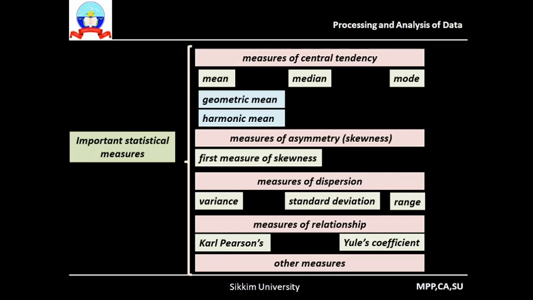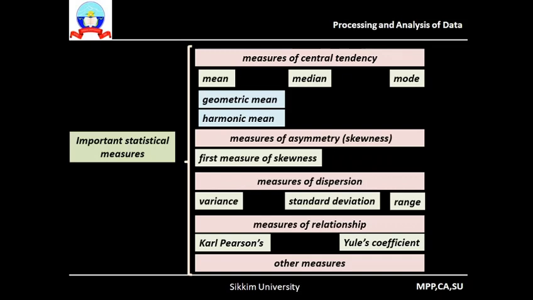Now let us move on to some of the important statistical measures. Here we have measures of central tendency, measures of asymmetry, measures of dispersion, and measures of relationship.